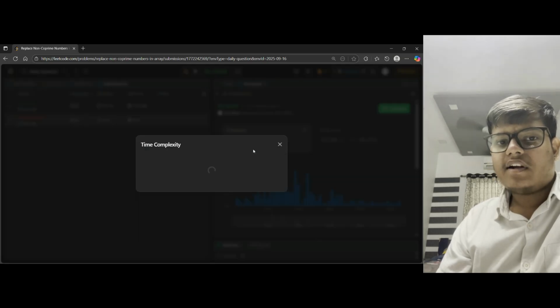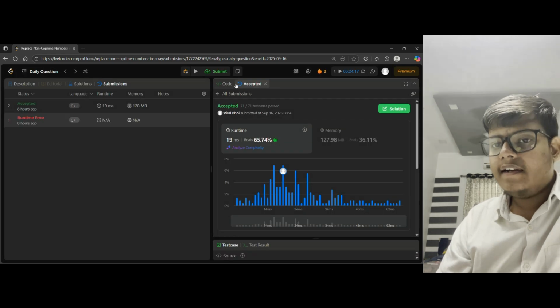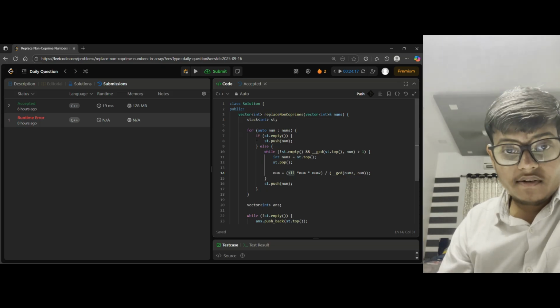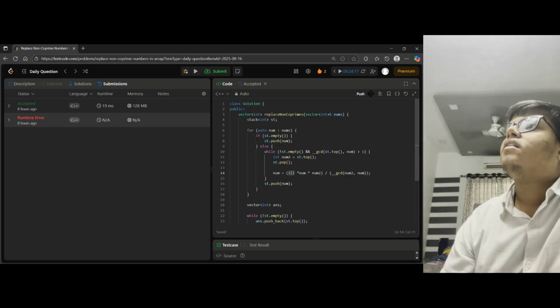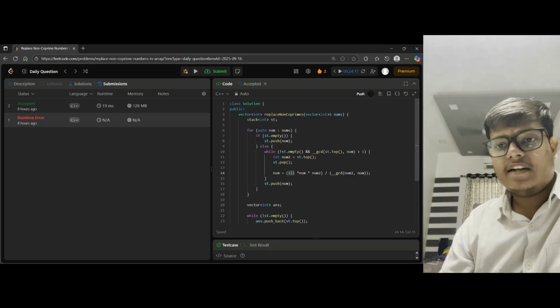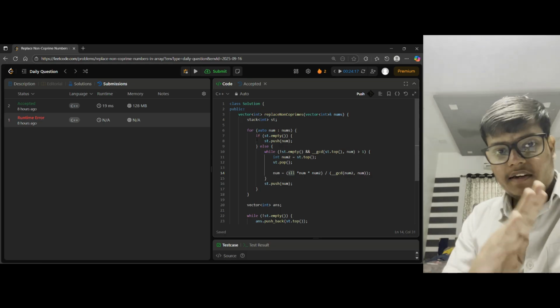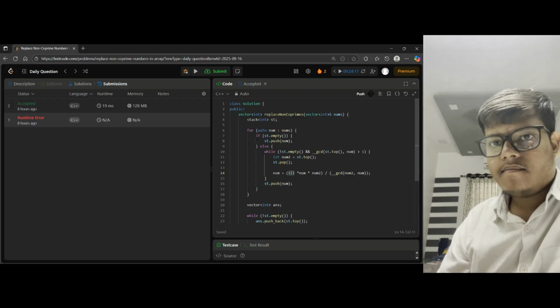So talking about time complexity, we are iterating over the whole array, which is order of n, and at each step we are calculating GCD, and we all know calculating GCD takes logarithmic time, so it will be n into log m time, right?